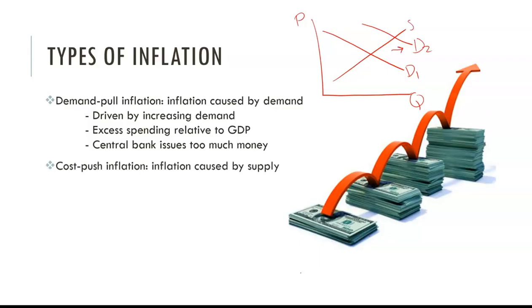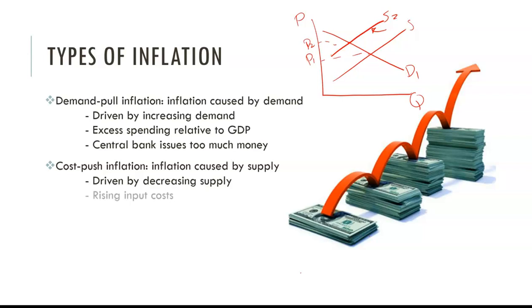We can also have cost push inflation. This is inflation that's caused by a shift in the supply curve. Remember, shifting supply to the left is going to increase prices. Often this happens when there's some sort of rising input costs.